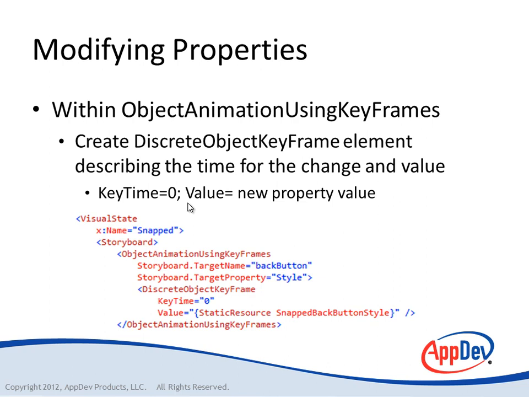And in this case, it's a static resource named snapped back button style. This says when you change to the snapped view state, take this animation and make it occur instantly. Instantly because the key time is 0. If you want it to occur slower, you could always put a time in there.